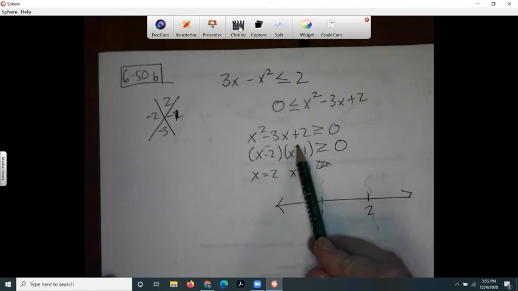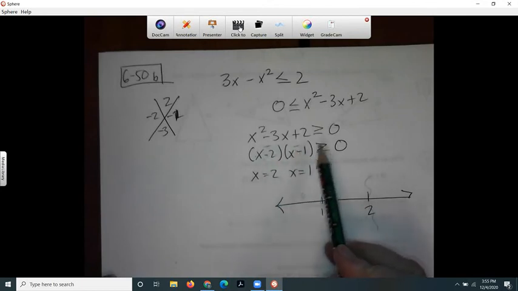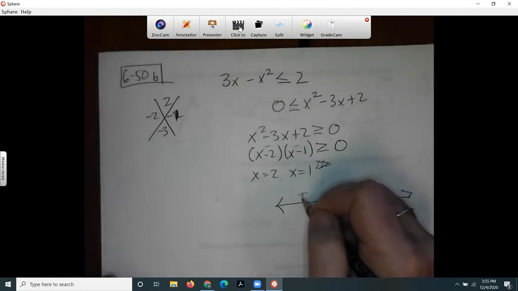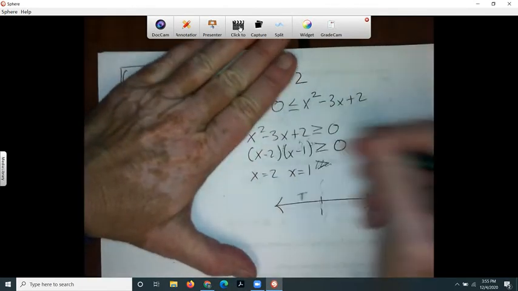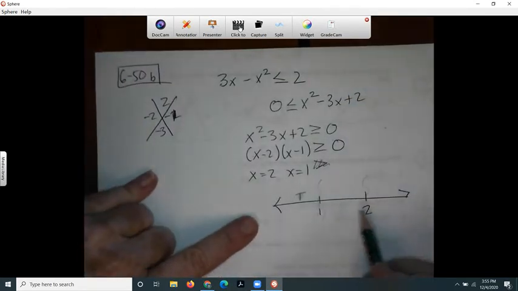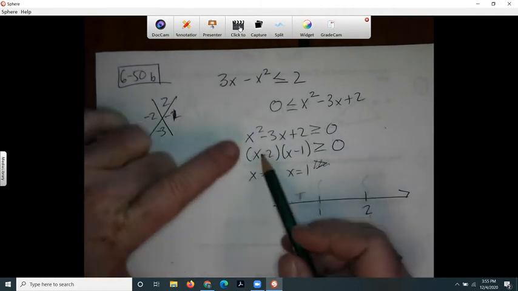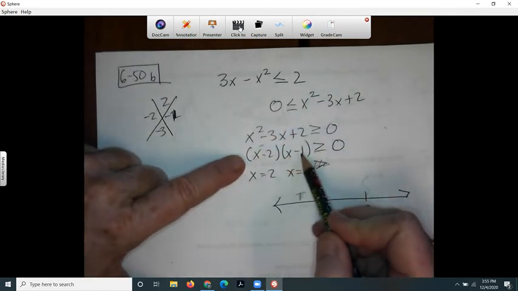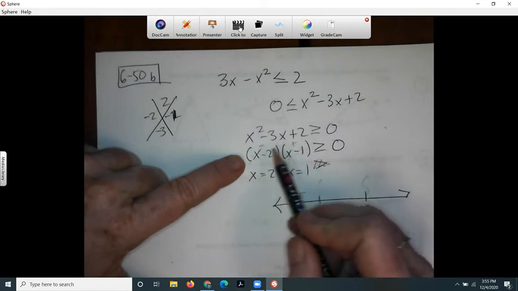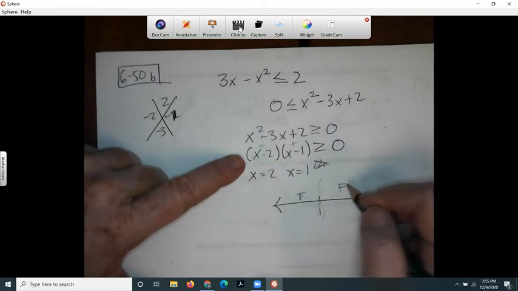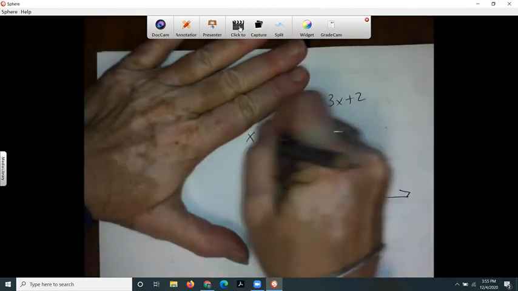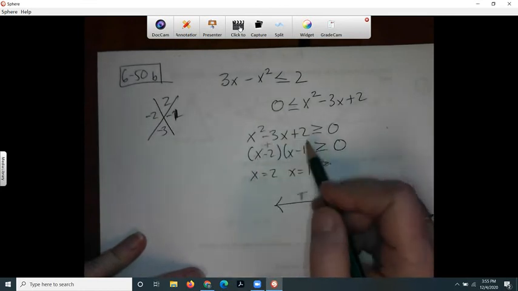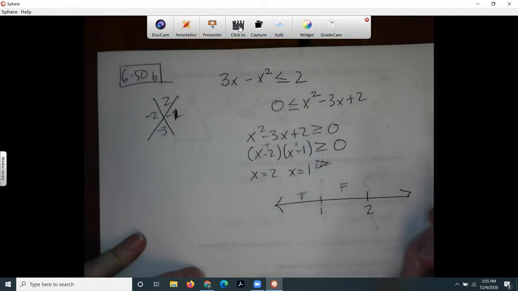A negative times a negative makes a positive, so that region is true. Then between 1 and 2 would be like 1.5. 1.5 minus 2 is negative, and 1.5 minus 1 is positive. Multiplied together, you get a negative, so that's false. Then let's try 3. 3 minus 2 is positive, and 3 minus 1 is positive. Positive times positive is positive, so that makes it true.